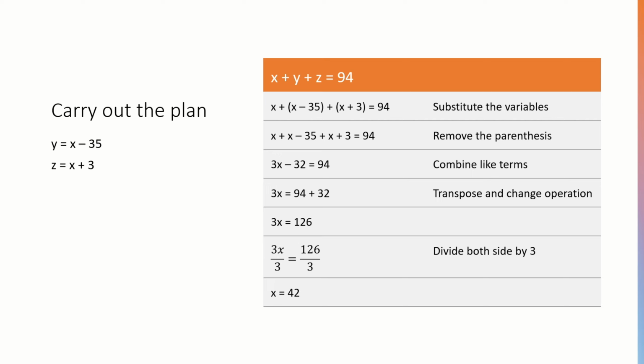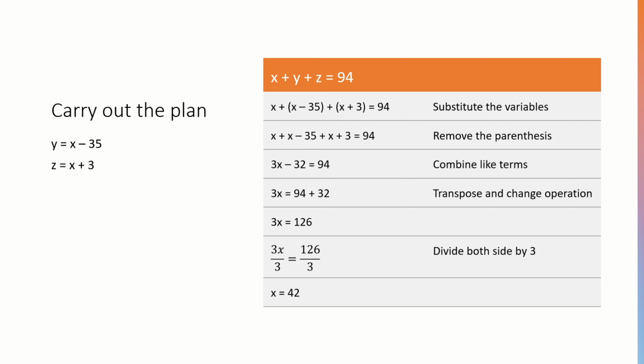And now, let's move on to carry out the plan. So we already expressed the other ages in terms of Anne's age. So we have Lucy's age, which is y equals x minus 35, and Mark's age, which is z equals x plus 3. Now, let's substitute these equations into the total age equation.